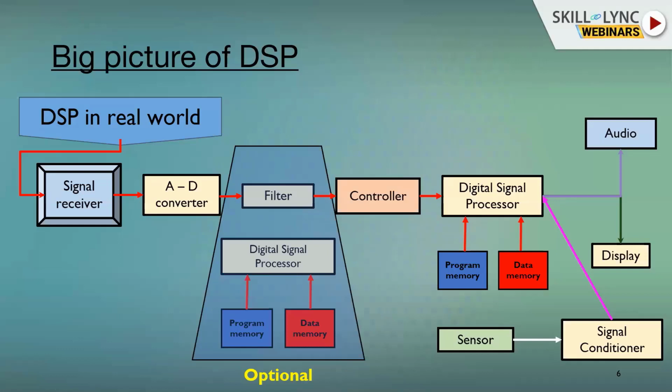So you have to extract the audio part and the video part, and the video is displayed on your LCD or LED display, and audio has to go to the speakers, right? Both of them have to be in sync with each other. In some cases you can see that the video comes first and audio comes later, so we sometimes lose the synchronization. All this control has to be done by a DSP.